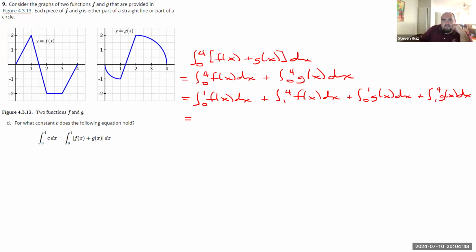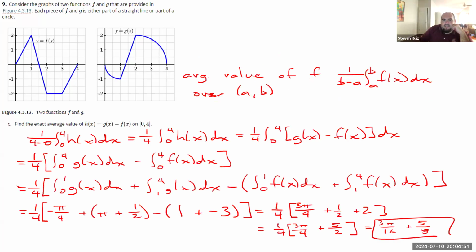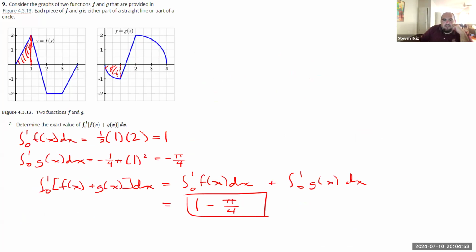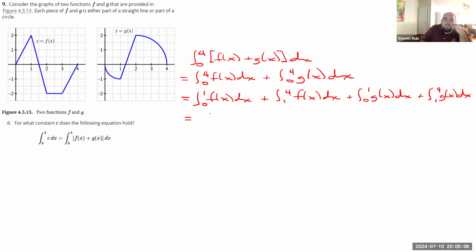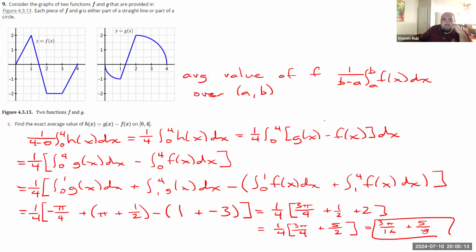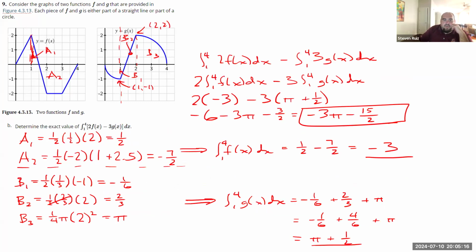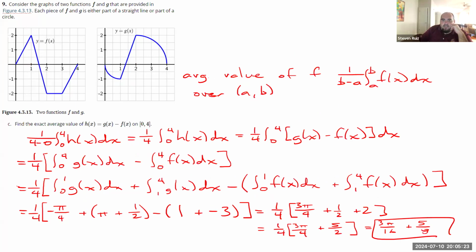The two values from f of x are going to come out to be what? 1. So let's do the f and g. The integral of f and g individually from 0 to 1 are 1 and negative pi over 4 respectively. So 1, negative pi over 4. And then how about the last 3 units of the interval? So the integral from 1 to 4 of f of x was negative 3.